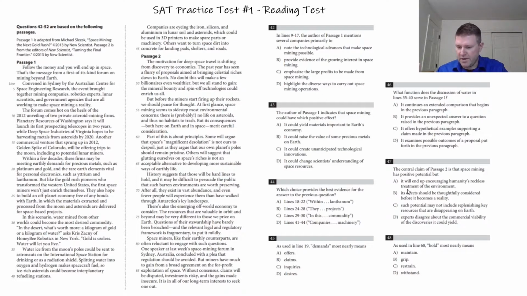And then he goes on to talk about how the stuff that we get from space may end up being brought back so that we can get a hold of things like platinum and gold and all that kind of stuff. But he also points out that they can build an off-planet economy free of any bonds from Earth, in which the materials extracted and processed from the moon and asteroids are delivered for space-based projects.